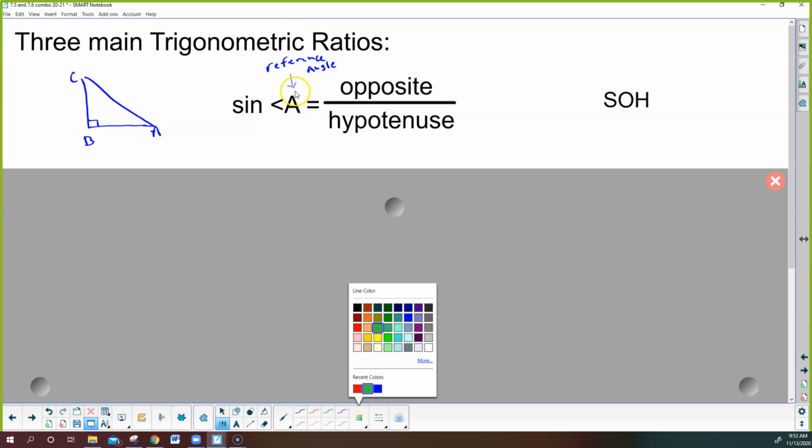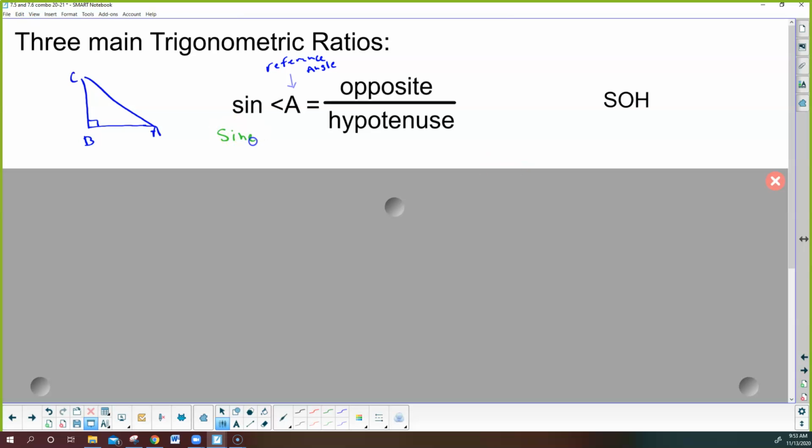And so how do I know which one is my reference angle? It's going to be the one that's right next to the word sine. Now, this is an abbreviation. The actual spelling of sine has an E at the end, but this is just a button that you'd see on your calculator. So it's the sine of angle A, and a lot of times there's parentheses around here. But notice, that's my reference angle.